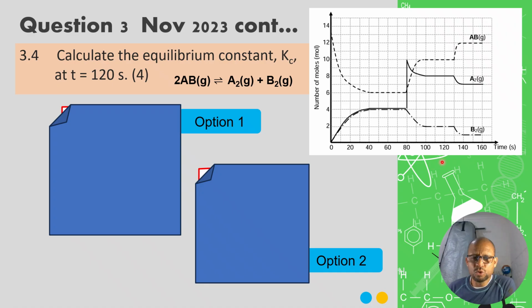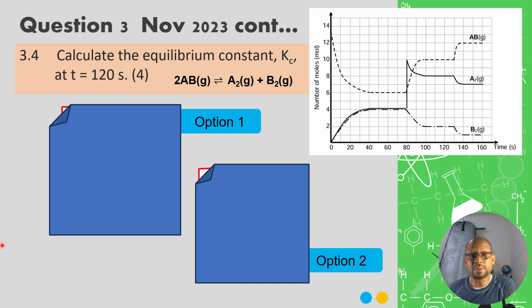Now, at 120 seconds, I have the number of moles of compound B2, the number of moles of compound A2, and the number of moles of AB. I can read that from the table and use that in my calculation for Kc. Also remember that the volume here will be 4 cubic decimeters, and I need to use that.